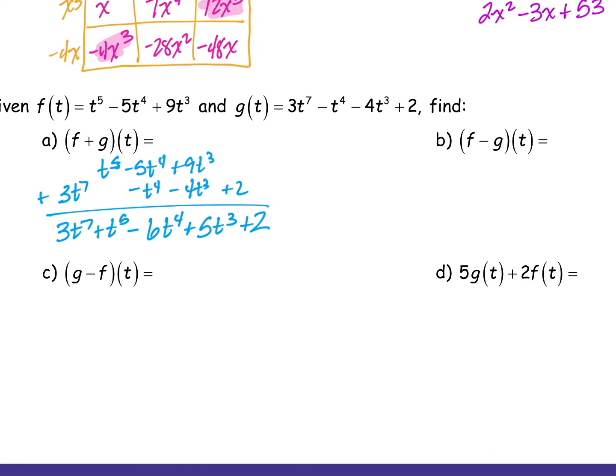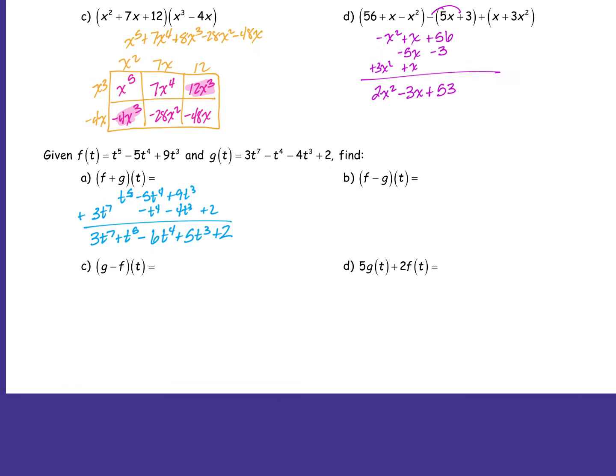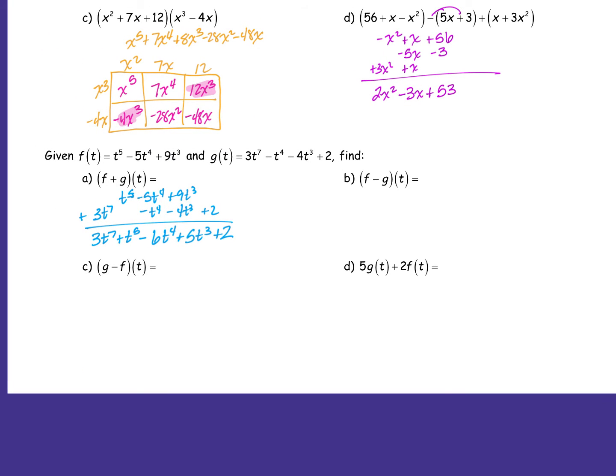And then on the second one, it looks like I'm going to be subtracting f minus g. So I have f this time again. So I've got t to the 5th minus 5t to the 4th plus 9t cubed minus 3t to the 7th minus t to the 4th minus 4t cubed plus 2.